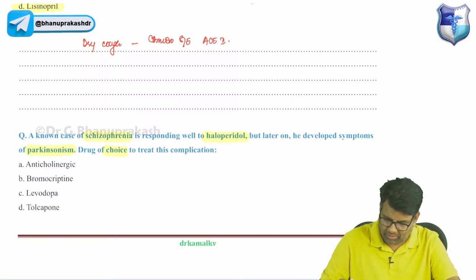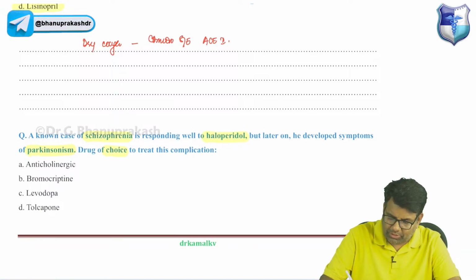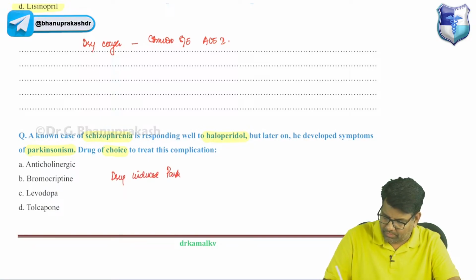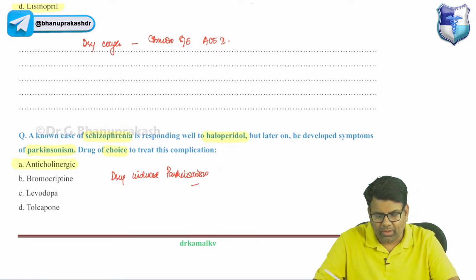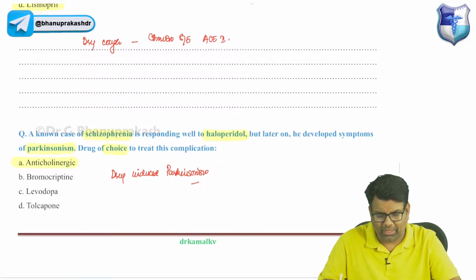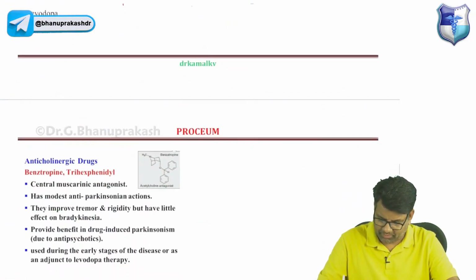Very good, Raghu. Especially in cases of drug induced Parkinsonism, you have to give anticholinergic, that is benztropine or benzhexol. Very good. Perfect.